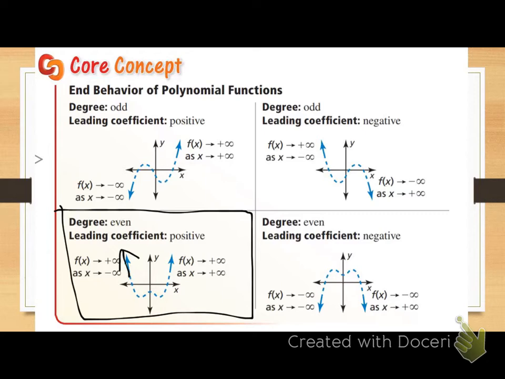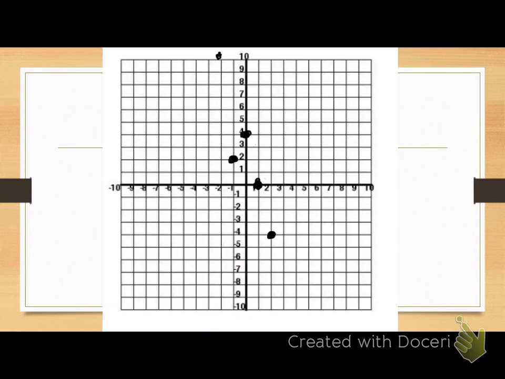As my x values are going to positive infinity, what are my y values doing? They're going up to positive infinity as well. So my graph needs to be going up to the left, up to the right. Bless you. Does everyone see that? So let's go back to my graph, connect our points. I'm going to go ahead and erase this point up here, because I haven't forgotten about it.